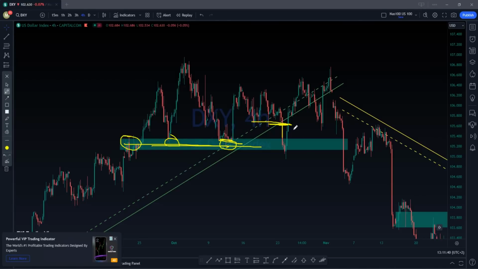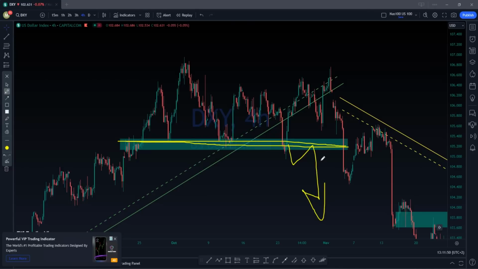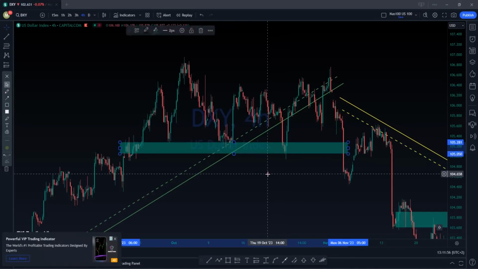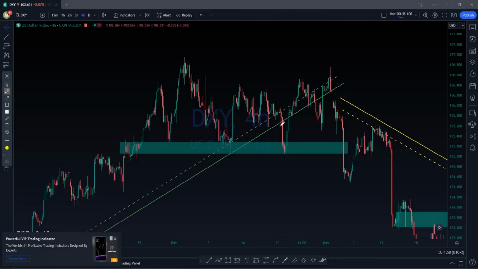So do we treat this as a breakout? No, we have to draw this horizontal structure first. If the market goes below that, it's where we can see the market is gonna sell. But lucky enough, the market came here, so we're not going to sell from this area. We wait to see if the market is respecting that.